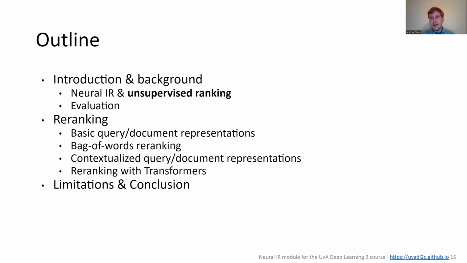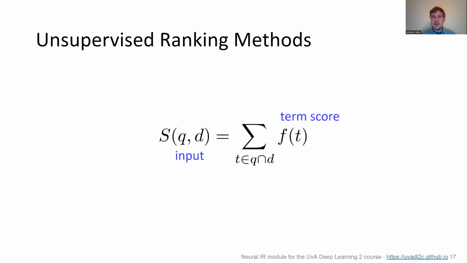As I mentioned, ad hoc retrieval deals with these zero-shot queries, and so evaluation is really a big part of all of this, because we often have to just empirically see how well things work. Evaluation is also how we decide which unsupervised ranking method is good. You'll see that they're not necessarily very obvious.